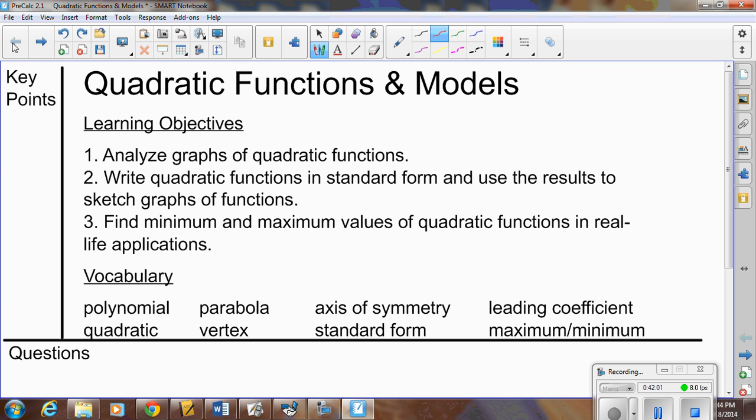You should be able to use completing the square to write a quadratic function in standard form. You should use standard form to sketch a quick graph. And you should be able to use that formula to get the maximum and minimum values so that you can solve real-life problems like this baseball one and a number of other problems that get used.